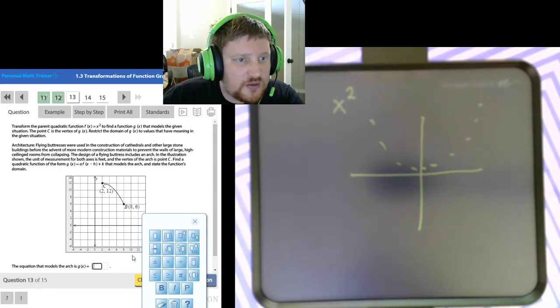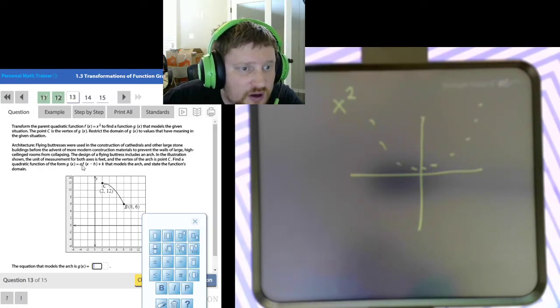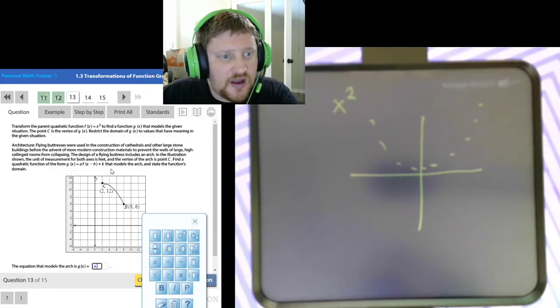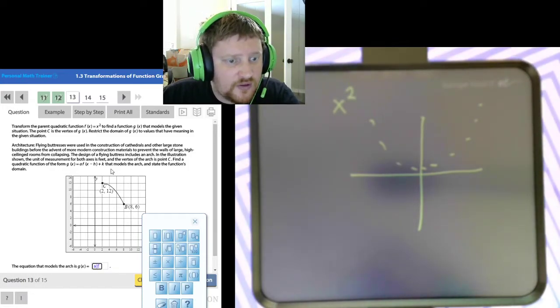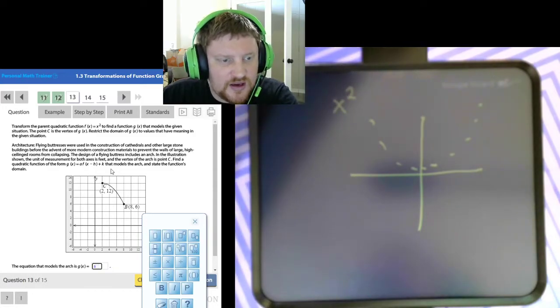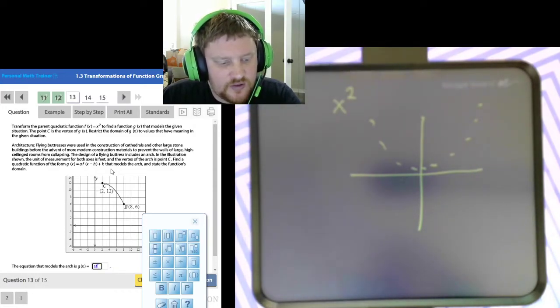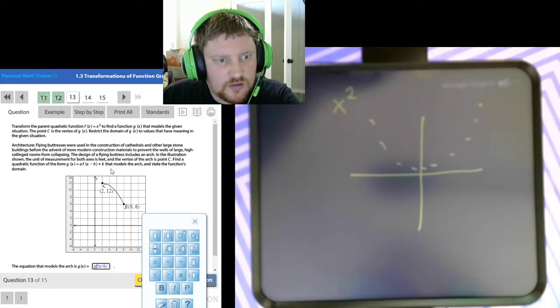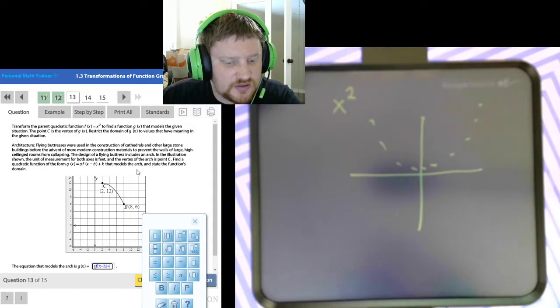So the equation that models the arch is, and they want it in the form of, okay, they still want it in our f notation. So we're going to have a times f of x minus h plus k.